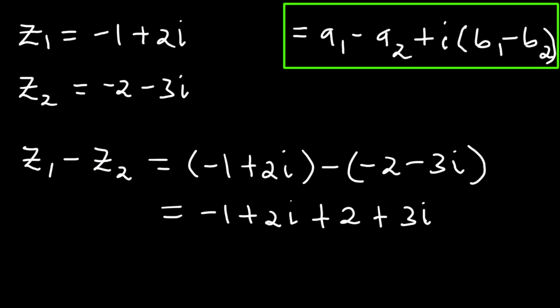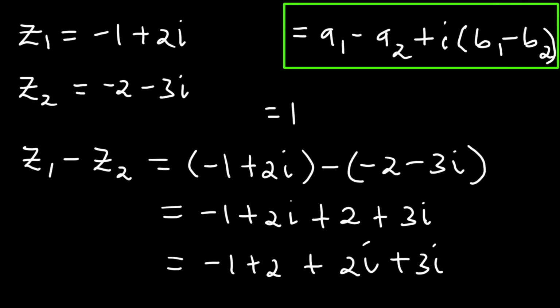And if we collect the like terms, we shall have negative 1 plus 2 and then plus 2i plus 3i. Negative 1 plus 2 will give us positive 1, and then plus 2i plus 3i, which will give us 5i, and that's our answer.